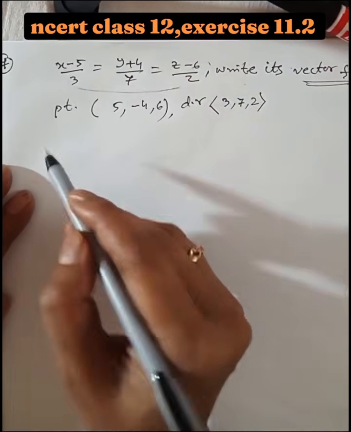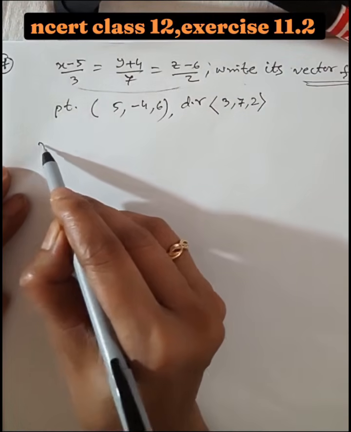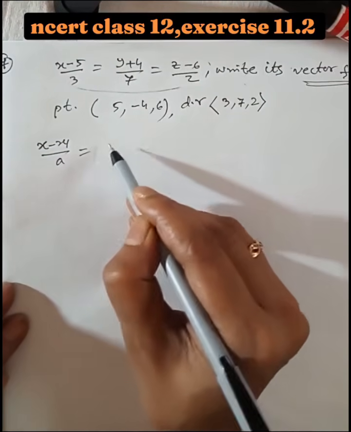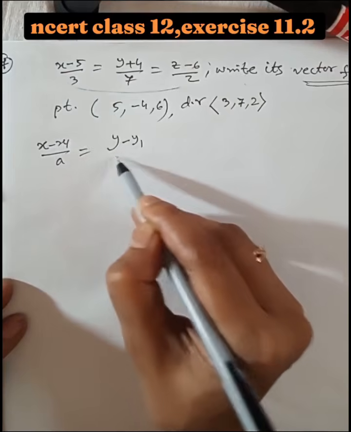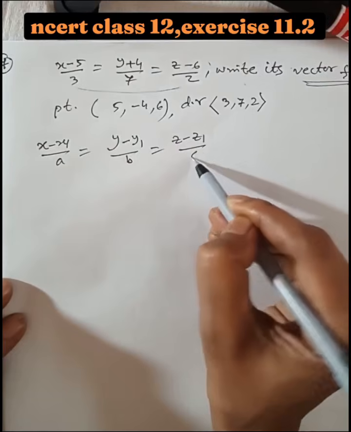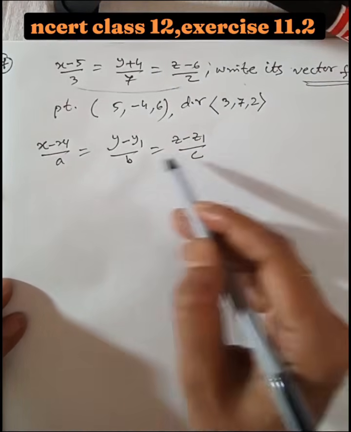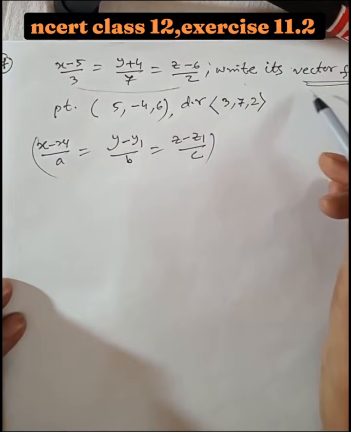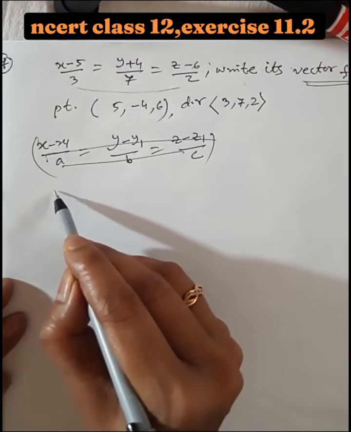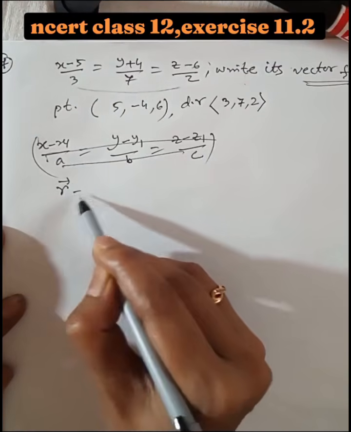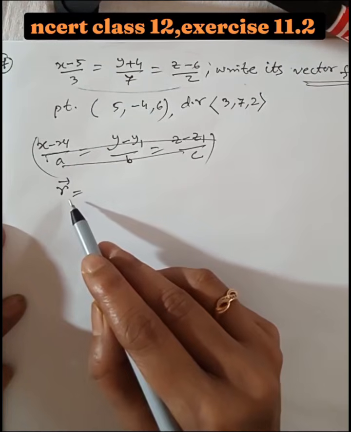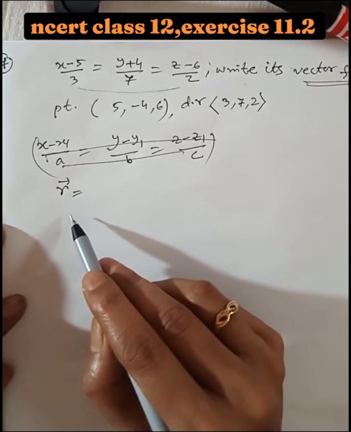So for the equation in vector form, we know the Cartesian formula is (x - x1)/a, (y - y1)/b, (z - z1)/c. This is Cartesian and we find its vector form. In vector form, r is the position vector of a variable point (x, y, z).